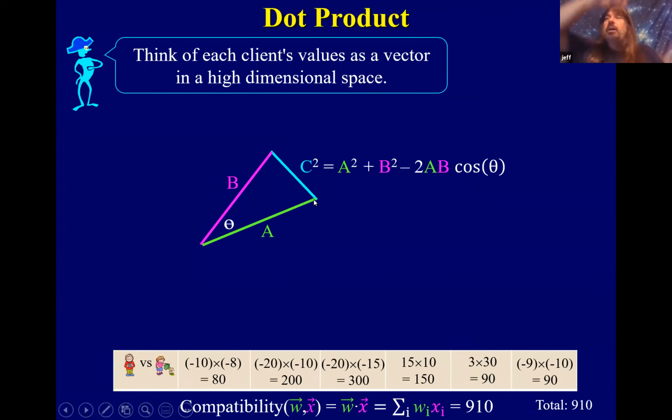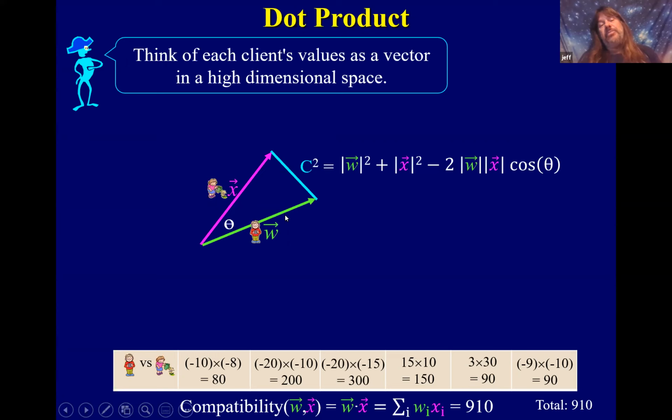Vectors can be thought of as directions and distances. So let's do a little bit of algebra from high school. You might remember this relationship between the lengths of the sides of triangles and this angle here.